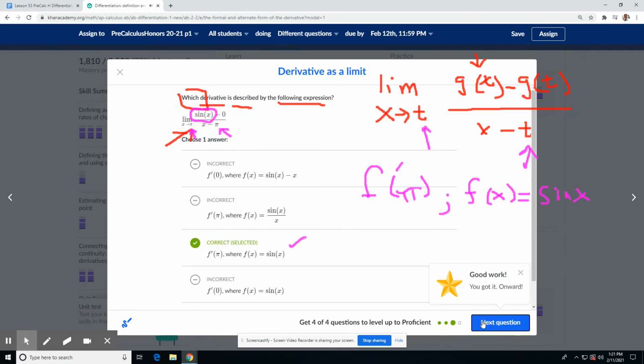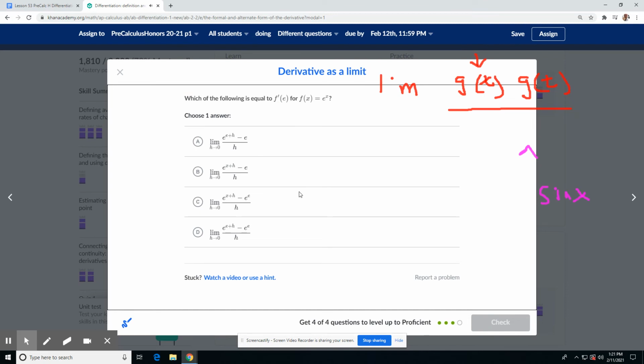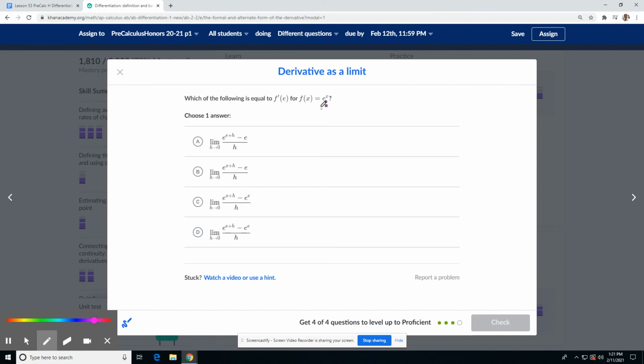See if the next one's any different. And it looks like the same kind of structure of a problem. Sure, let's go ahead and just do one more. So this is, once again, notice that we got the h going to 0.